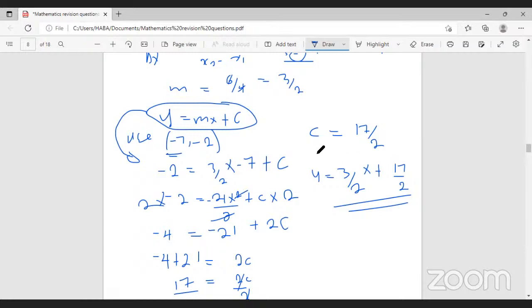And finally, our c was 17 over 2. Then we said y. Now we came back to this equation. Y is now, our m is 3 over 2, 3 over 2x plus 17 out of 2. Yes.